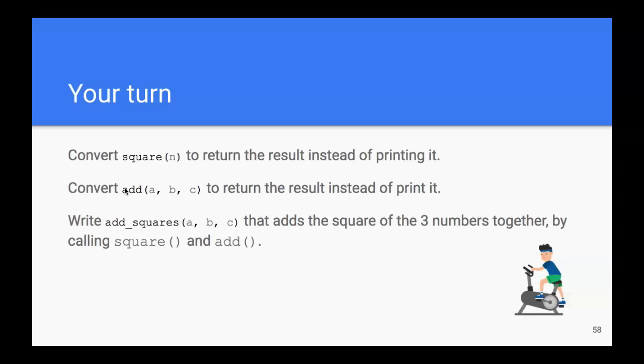And then finally, I would like you to write a function that is kind of like add, but before you add the numbers, you should square them using the square function that you wrote. So basically this add square is you're going to square A, B, and C, and then add the sum together.